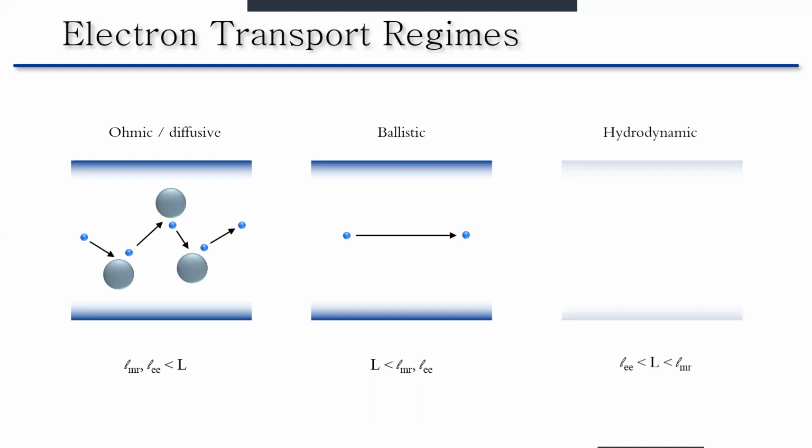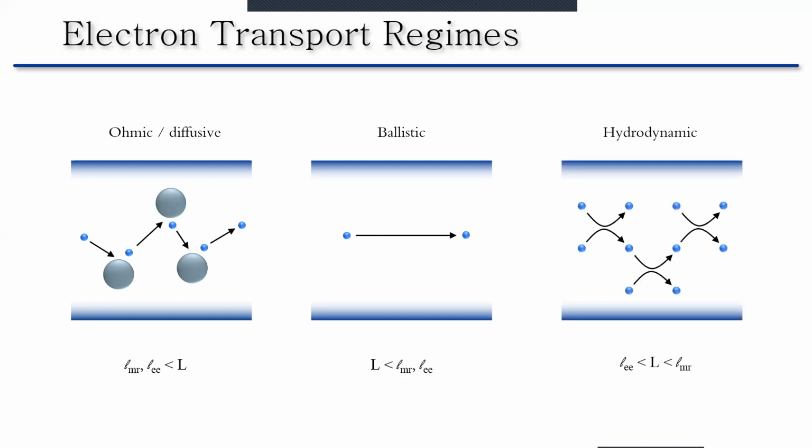And the one that interests us now, which is the more recent realization, originally by Gurzhi in '62, is that if your electron-electron interaction length scale is short enough compared to any other length scale in the problem, then you should reach a regime of hydrodynamic behavior, where your descriptions should become that of slowly evolving conserved quantities.